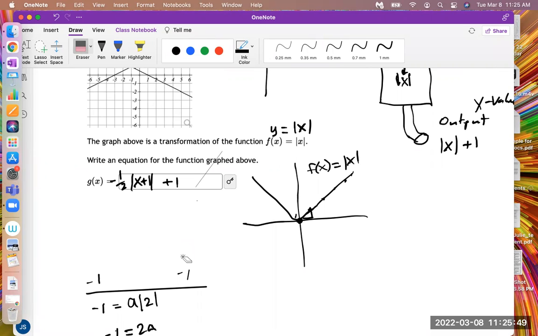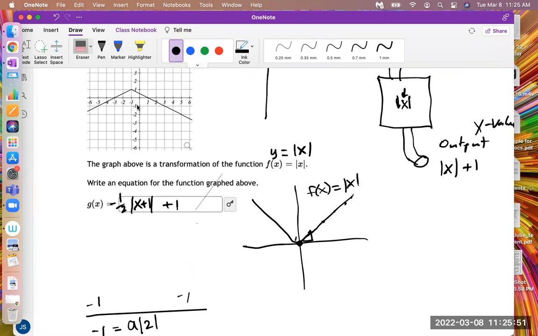Let's try this point, -3, 0. Let's make sure that when I plug -3 in for x, I do get 0. So let's see what happens. I plug -3 in.